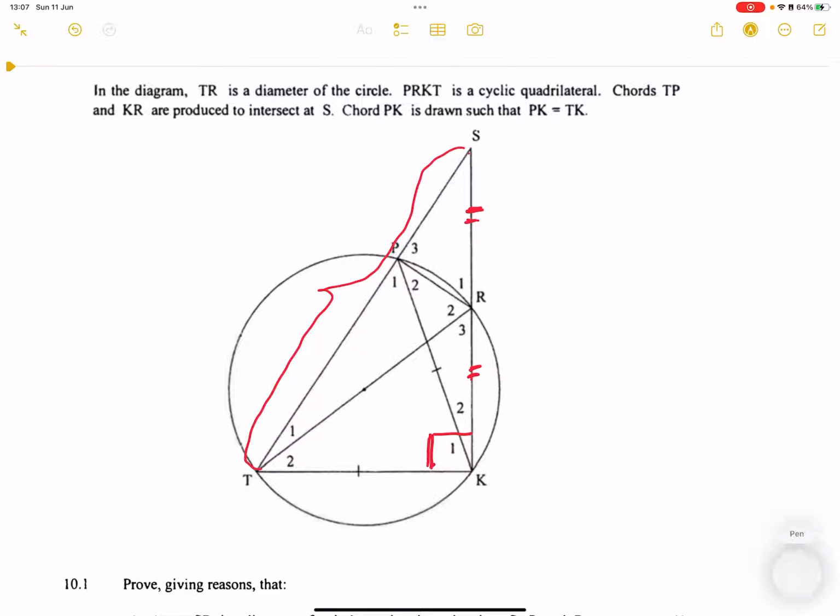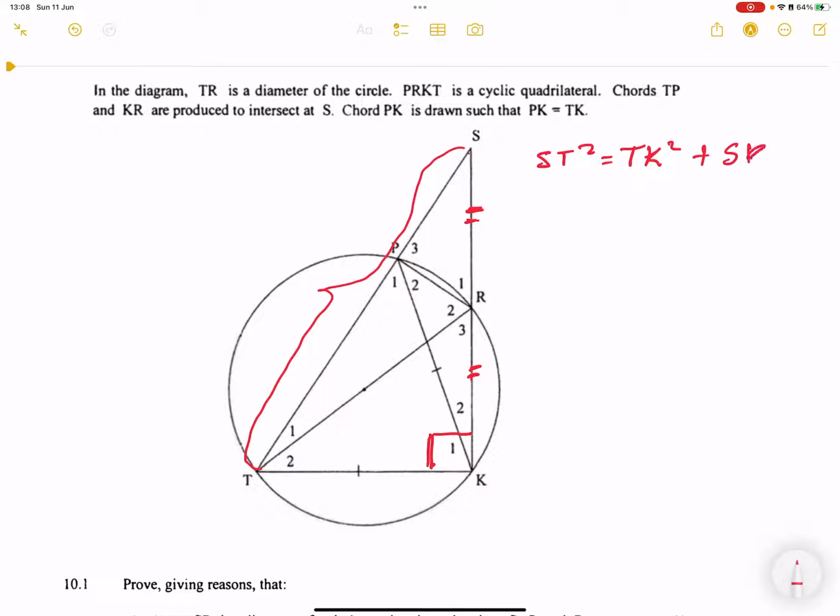Now let's start. First of all, we know from Pythagoras, it's a 90-degree triangle, so ST squared will be equal to TK squared, this side here, plus SK squared, that entire side.